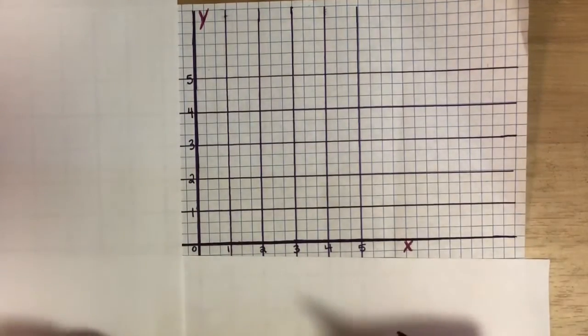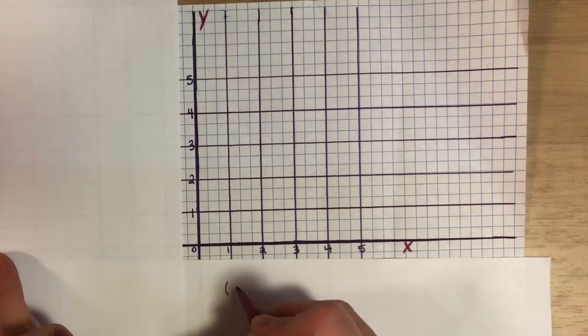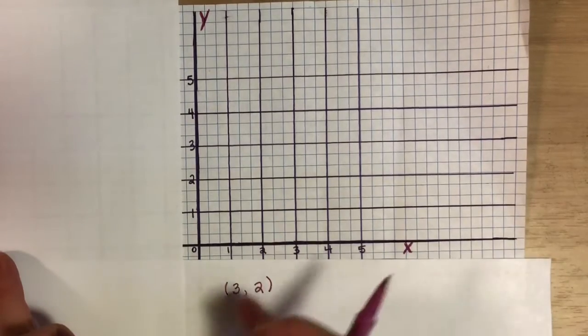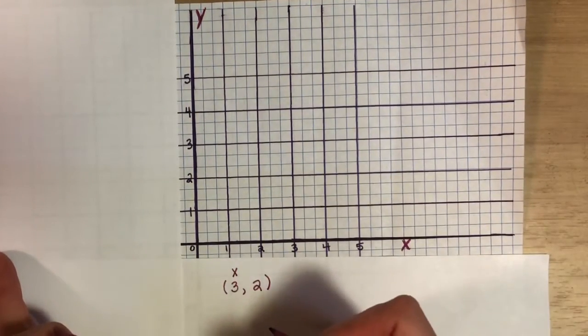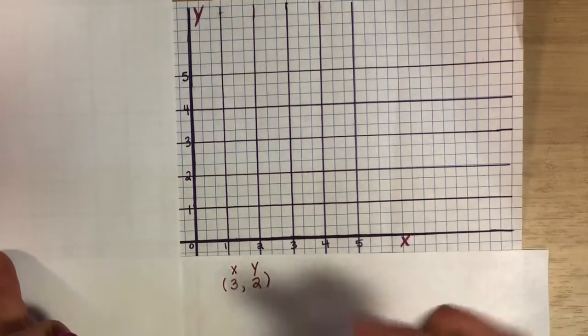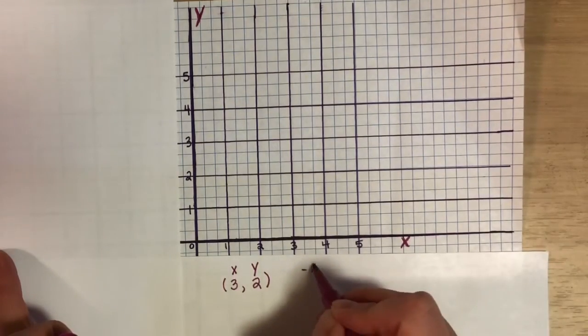Remember, we talked about that ordered pairs are two sets of numbers. So we might have 3, 2. And remember, the first number represents the x-axis, and the second number is the y-axis. How you can remember which one you do first, you can think about it alphabetically.